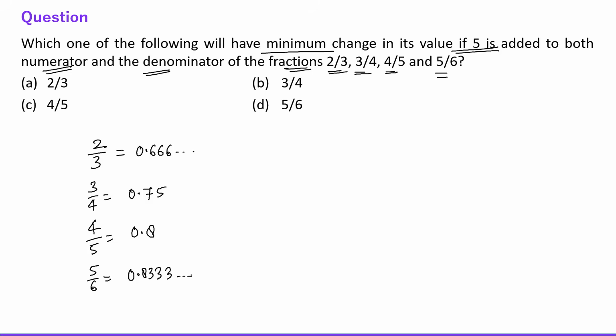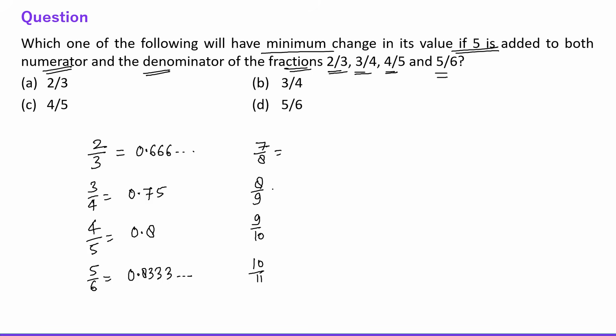Now, if we add 5 to both numerator and denominator, 2 by 3 becomes 7 by 8, 3 by 4 becomes 8 by 9, 4 by 5 becomes 9 by 10, and 5 by 6 becomes 10 by 11.